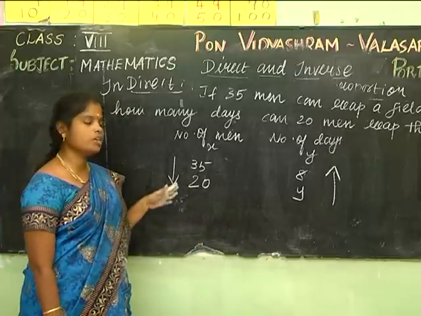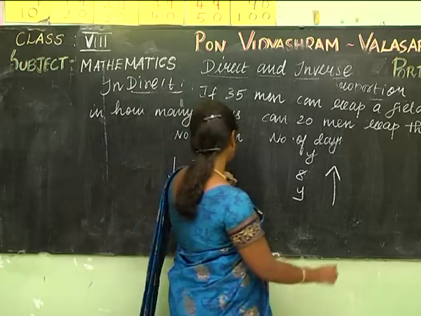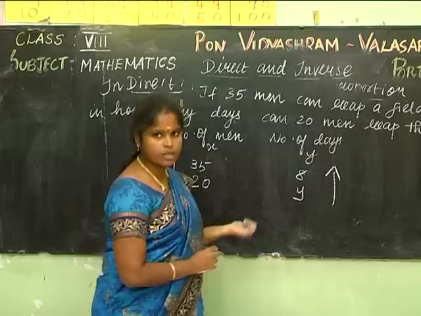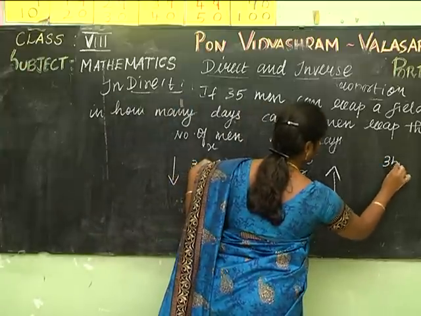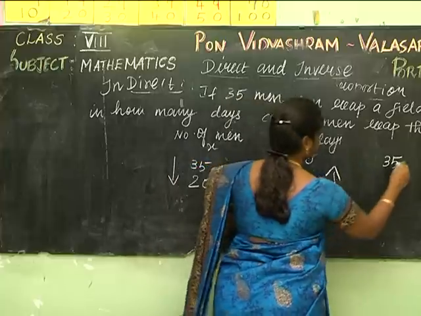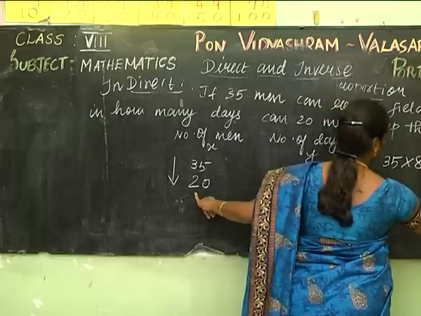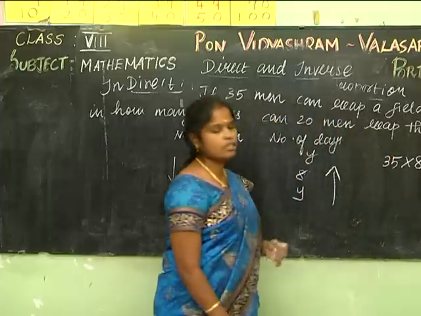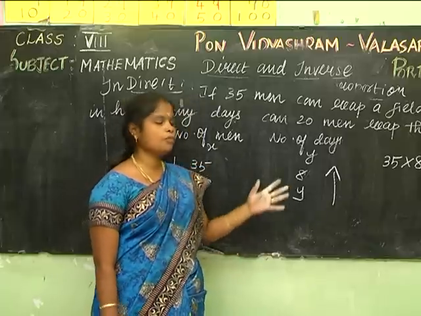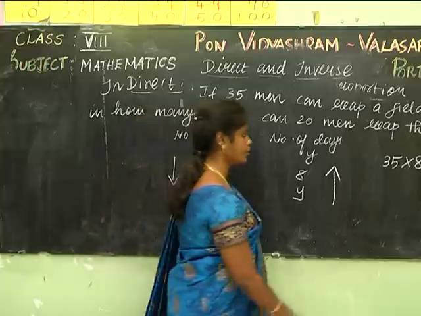We know that for inverse variation, the product of the two quantities will be equal. We need to find the constant of the inverse variation. Already we have learned what the constant of the inverse variation is. x into the corresponding y is equal to the next x into the corresponding y, the unknown value. Because in inverse variation, the constant is the product of the respective values. x1 into y1 is equal to x2 into y2.